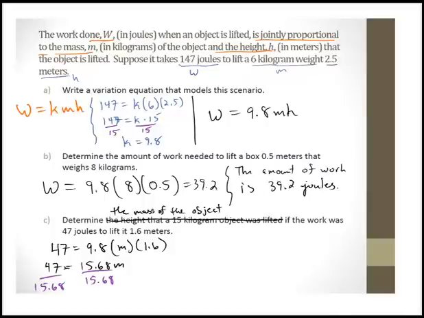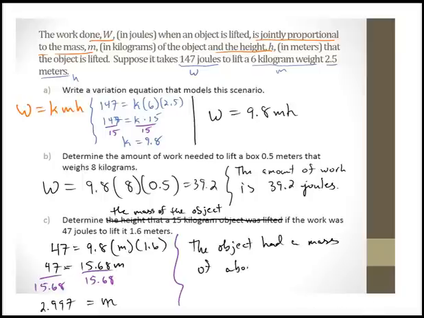Alright, so the object had a mass of about 3 kilograms.